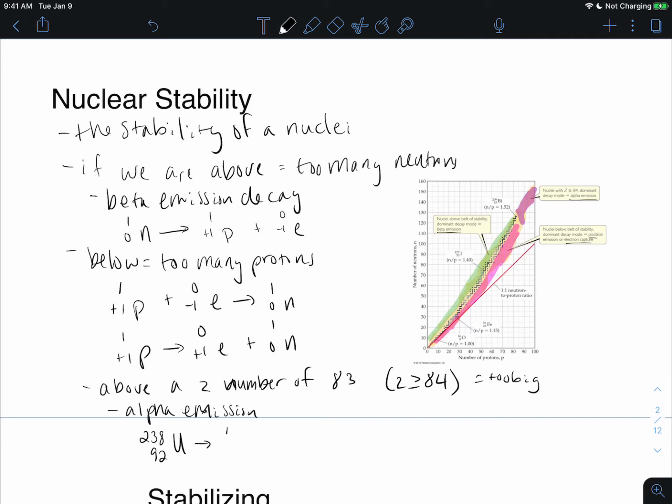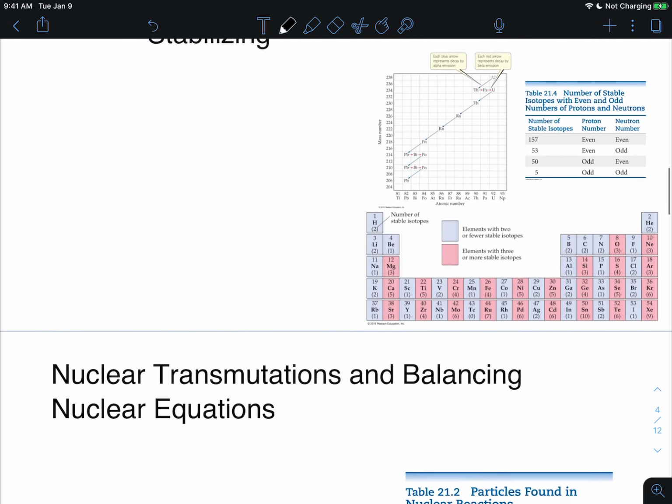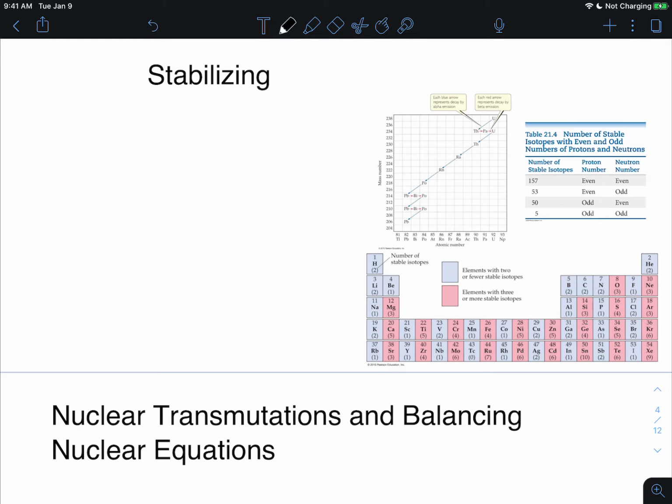It will decay via a helium nucleus, our alpha particle, to give us thorium. So by doing this, we can stabilize our nucleus by losing our beta particles or positrons, or gaining electrons, or losing alpha particles. All of those things are in order to get to a stable nucleus.